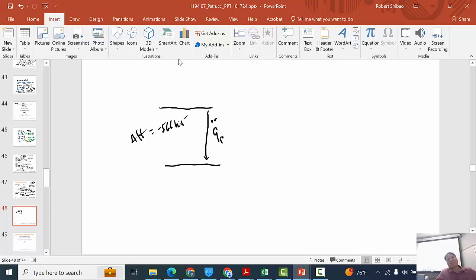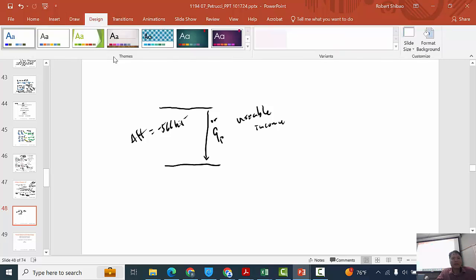Or QP. Now, what we could do is we could do additional work. And so rather than converting it all into this heat, what I say is this is your usable income. If we wanted to do additional work, we could, and that's going to drop down Q, how much heat we end up generating.